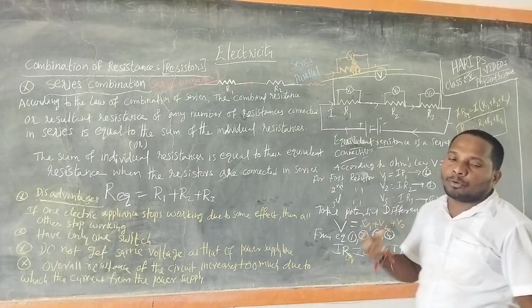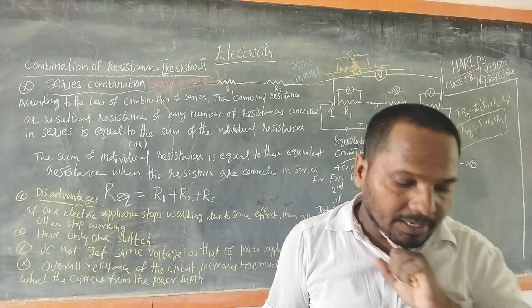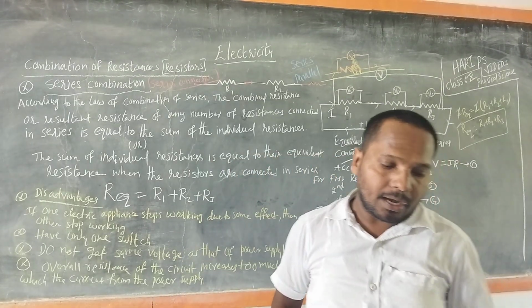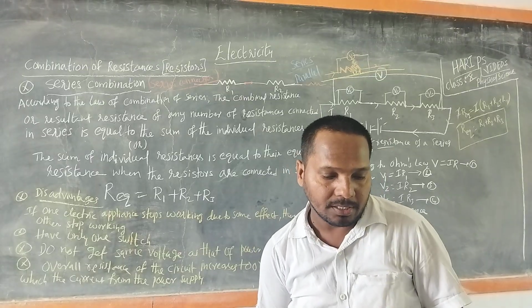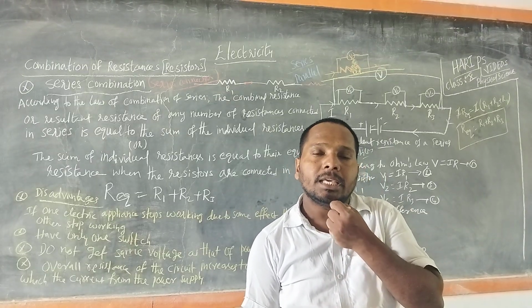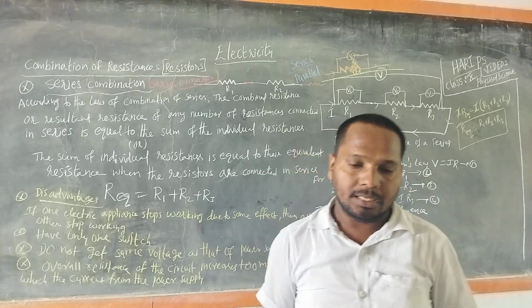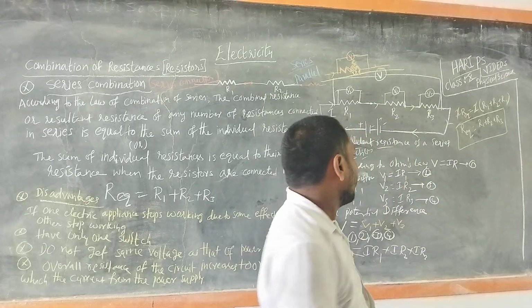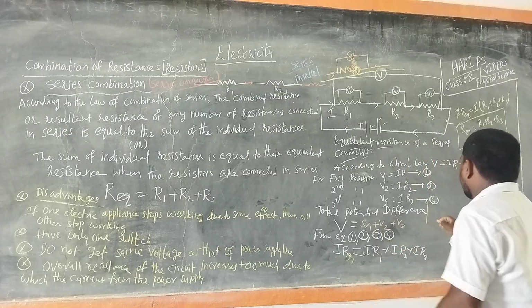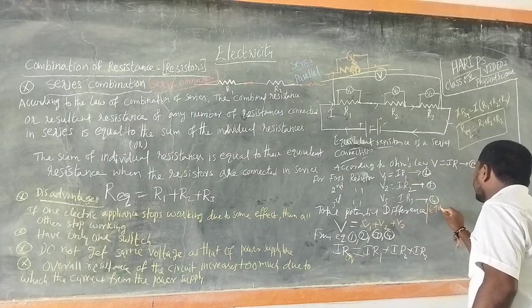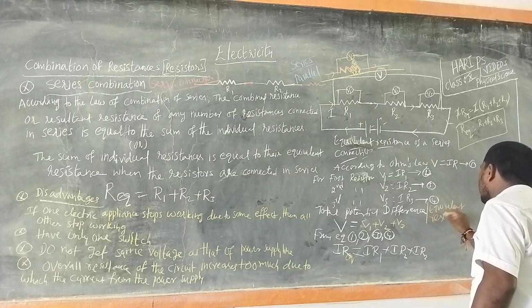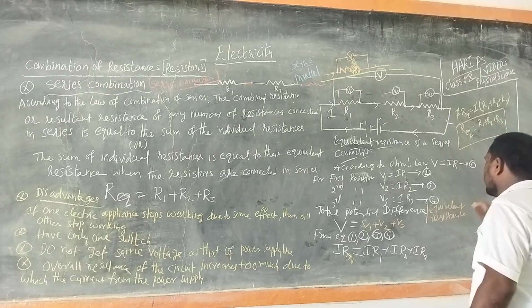So the total potential difference, if the current through the resistor is equal to the current through the combination of resistors, the combination of resistors is called the equivalent resistor. Equivalent resistance.